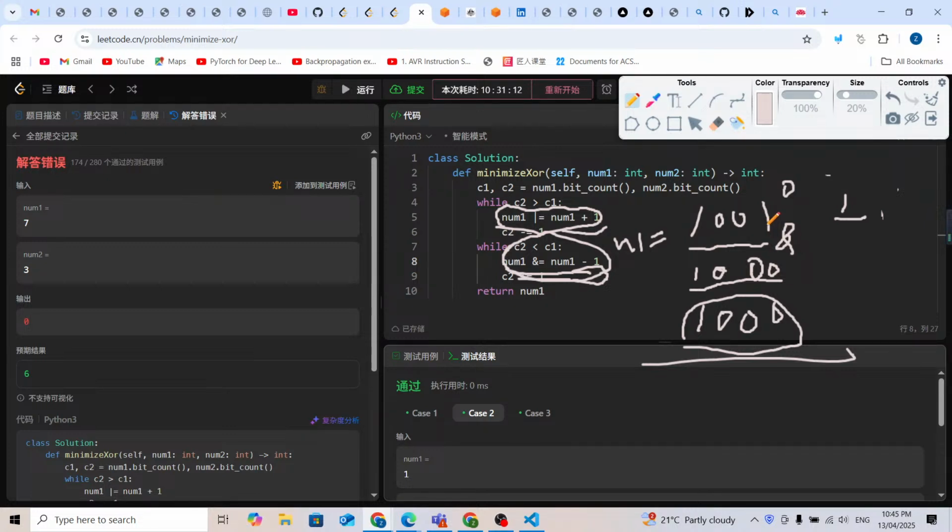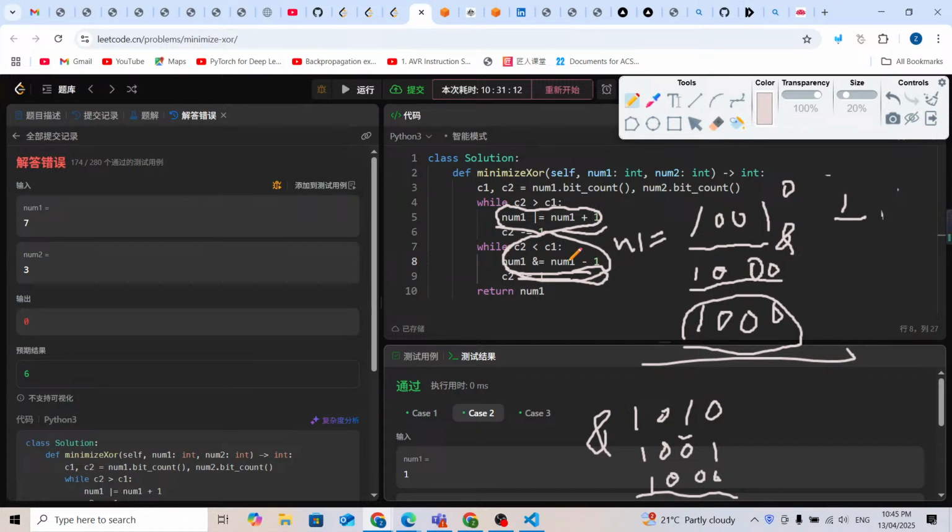So we need to -1, and in this way we can set the low bit of 1 to 0. If we have this number like 1 0 1 0, and we want to set this 1 to 0, what are we going to do? We need to just -1. It's going to be 1 0 0 1, and then we use the add operation. As we can see, it's going to be 1 0 0. We just set this low bit from 1 to 0.